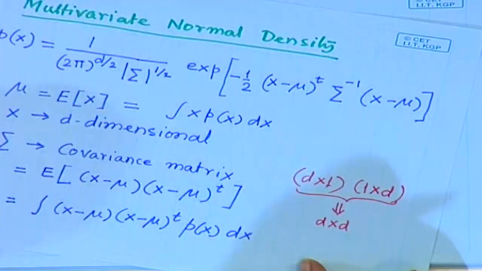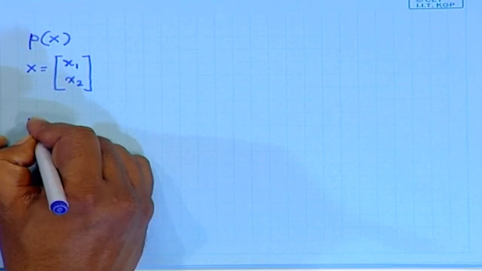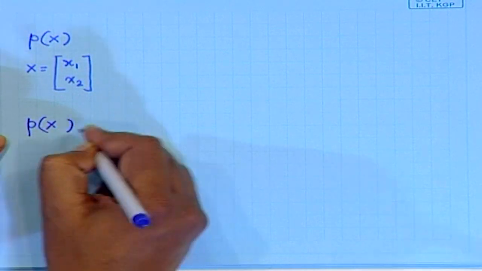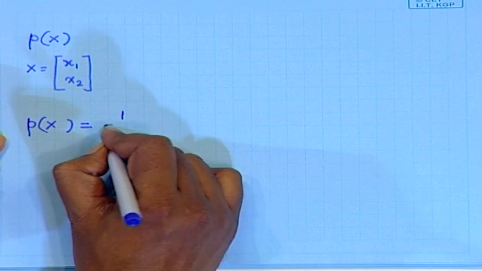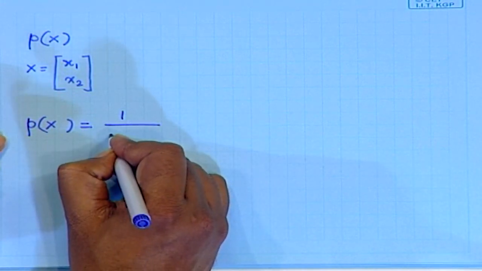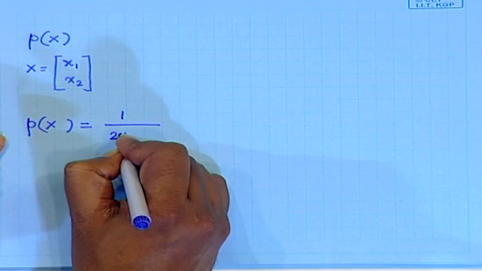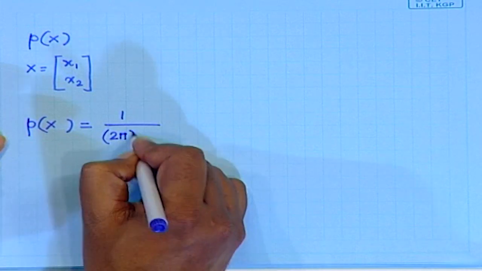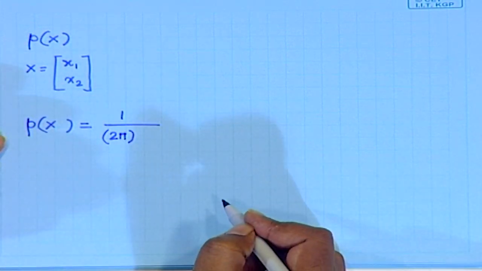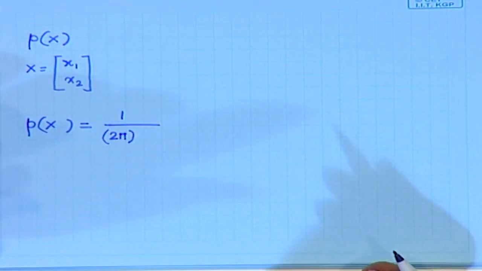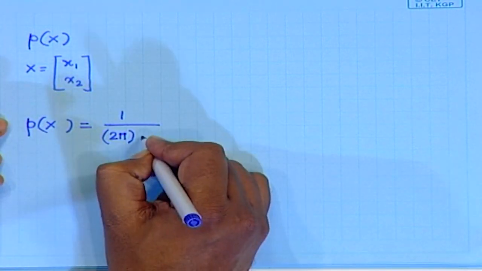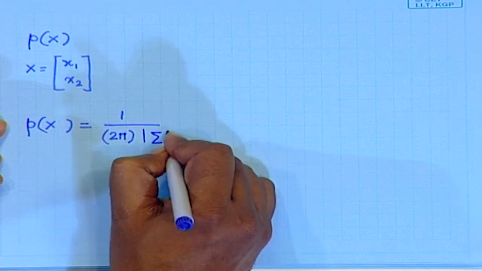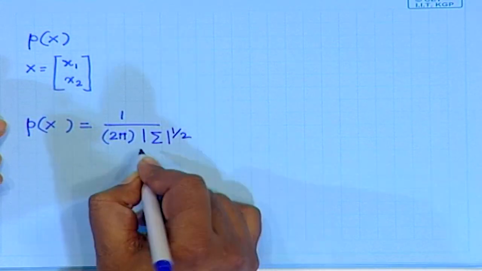Okay. So, by considering that, this p(x), when x is two dimensional, will simply be written as 1 over 2 pi. Now, the value of d is equal to 2, so d by 2 becomes 1. So, 1 over 2 pi into |sigma| to the power half.